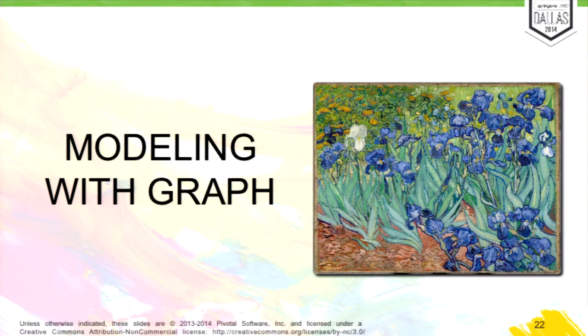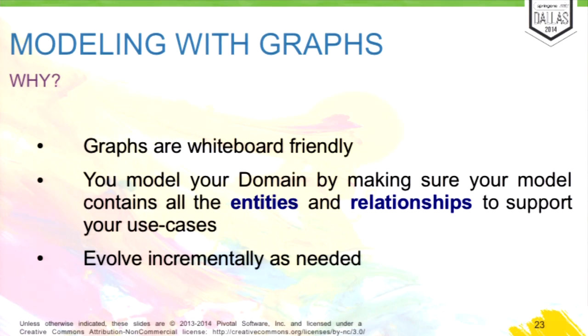If we choose to adopt a graph database, one question immediately arises: how do we model our domain in graph terms? Well, in Neo4j offices, we like to say that Neo4j is whiteboard friendly. We mean that when we use a graph database, what we draw is exactly what we store.